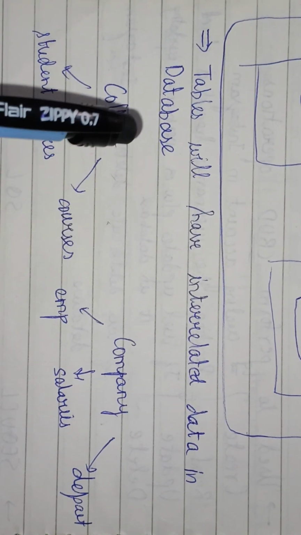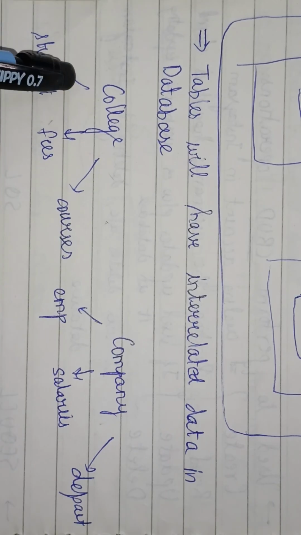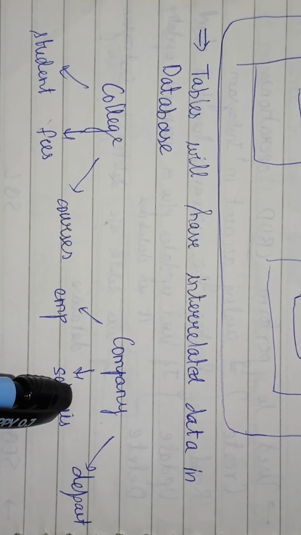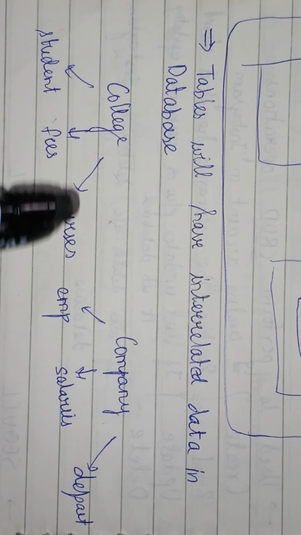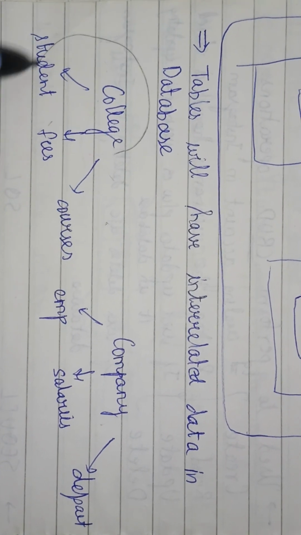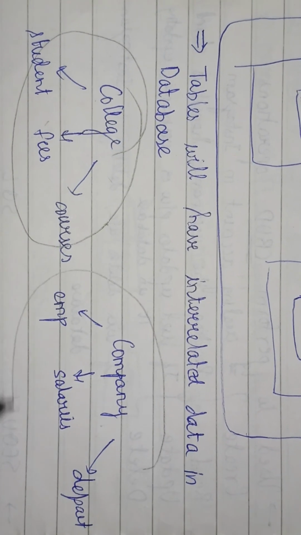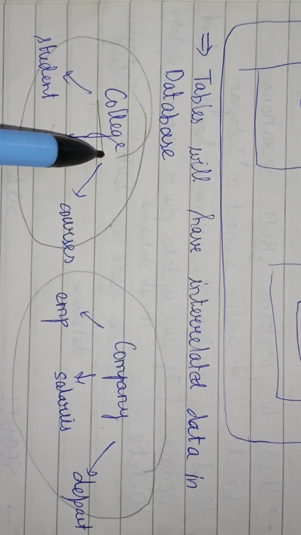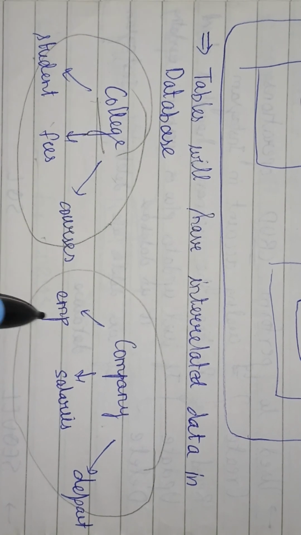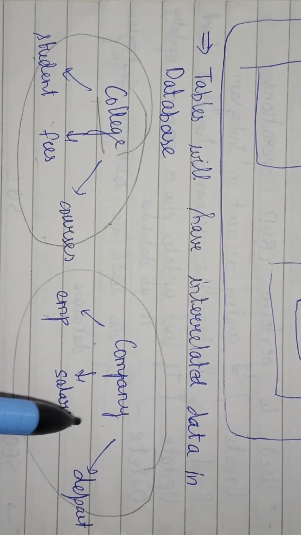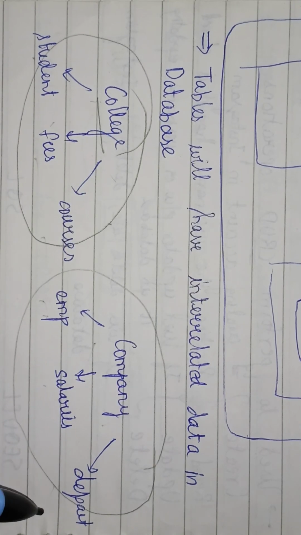For suppose you have two things, college and company. Sorry, this is one database. College is one database and company is another database. The college database has a few tables: student, fees, courses. And the company database can have employee, salaries, department.